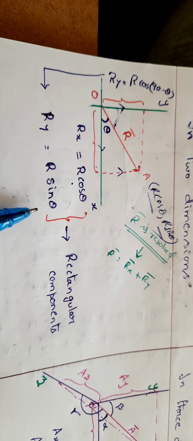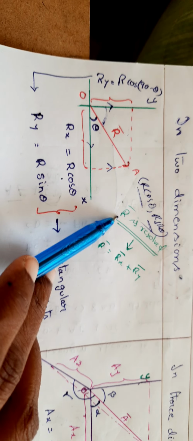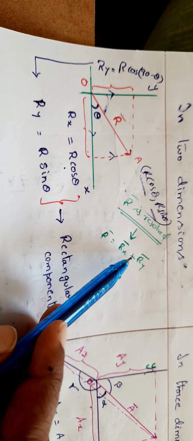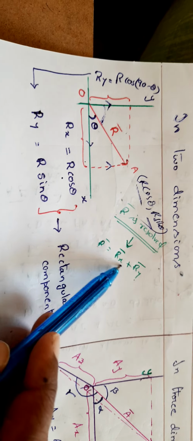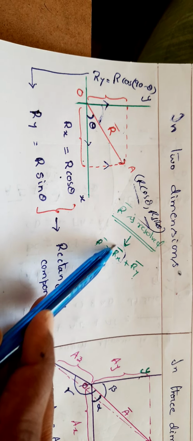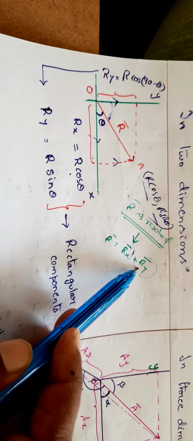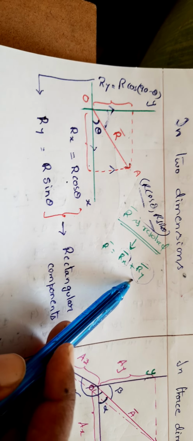So these are the rectangular components, and you can write r bar is resolved as r bar is equal to rx bar plus ry bar. That means if you are going to take the vector values along x and y directions, you are writing it as rx bar, ry bar. Let us see how to make them rx bar and ry bar.